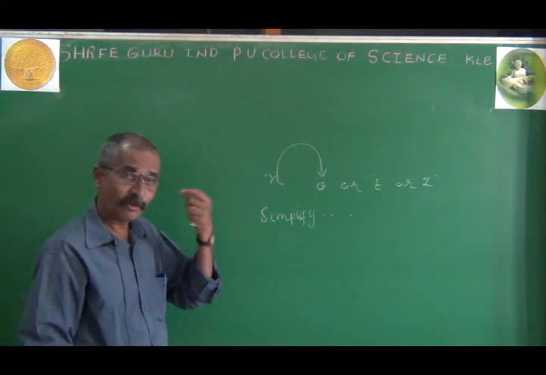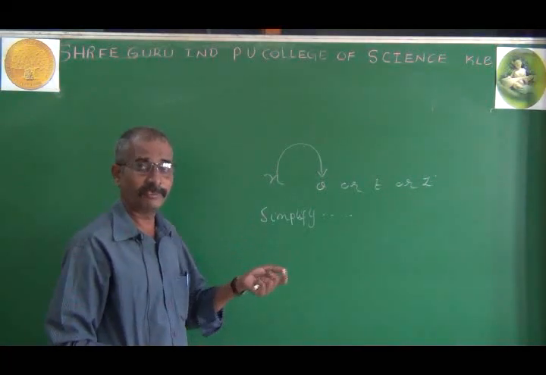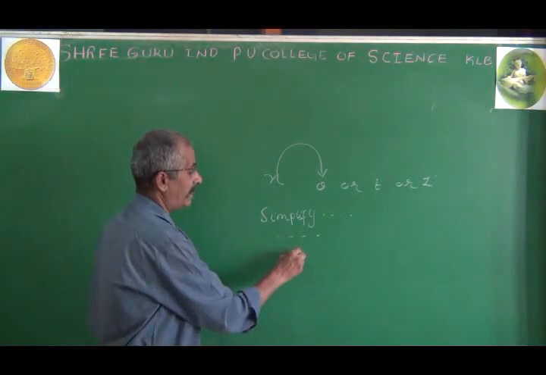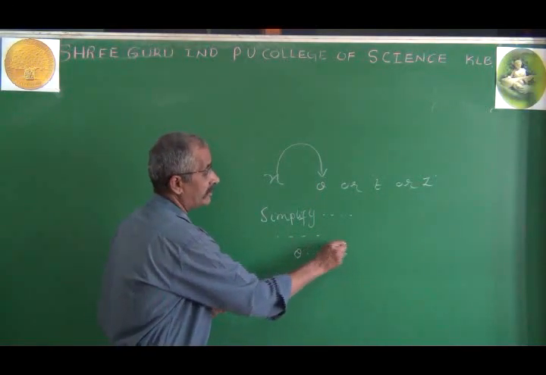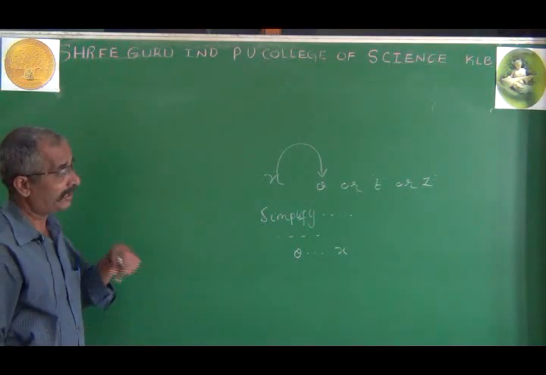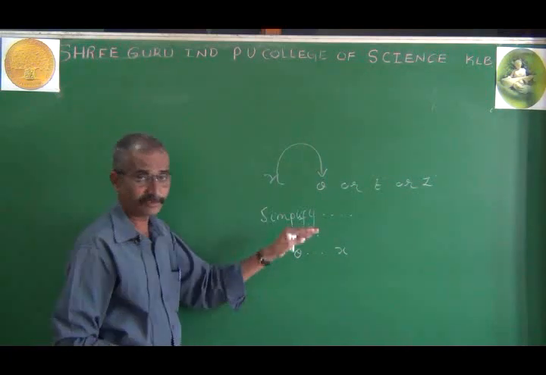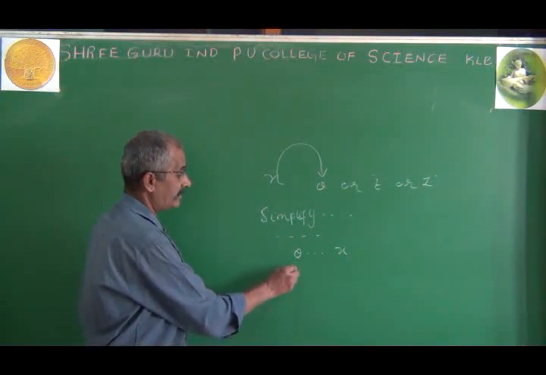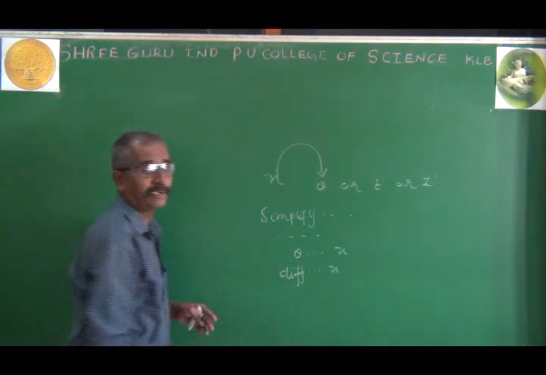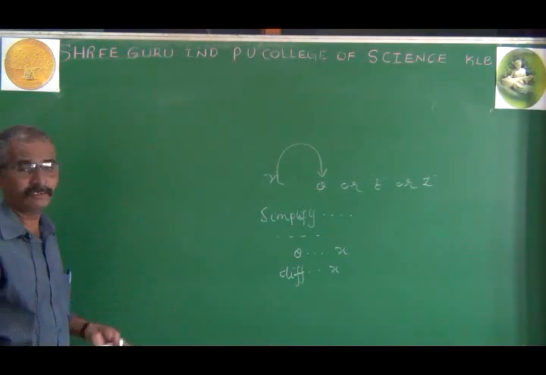After maximum simplification, replace theta back in terms of x. That is very essential. Lastly, differentiate whatever expression we obtained with respect to x to get the required dy by dx.